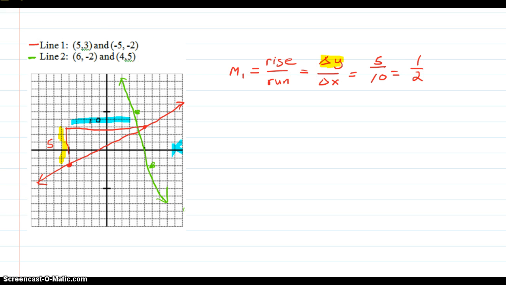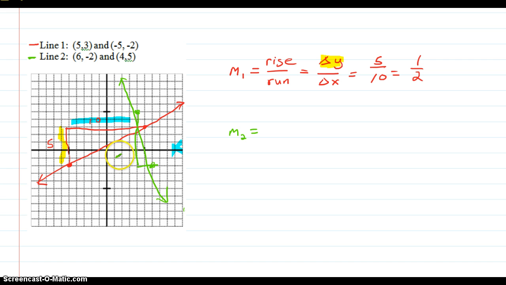Now we're going to do the same thing for the green. M2, slope of the second line. So now, really pay attention to the dots. Kind of ignore my line because my line wasn't very good. And so I'm going to draw the slope triangle. And now I'm just going to count. 1, 2, 3, 4, 5, 6, 7.